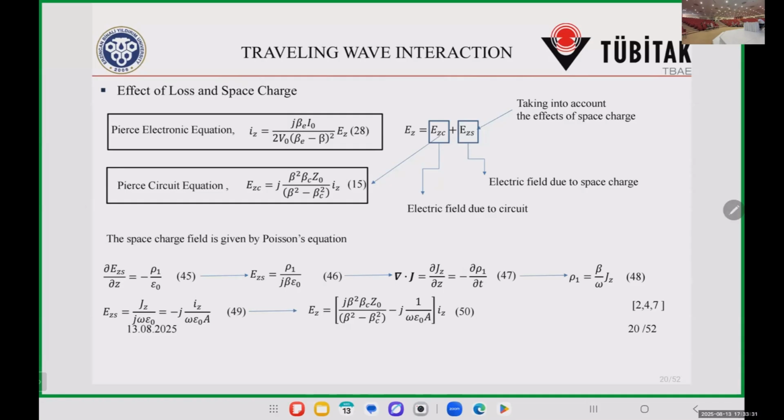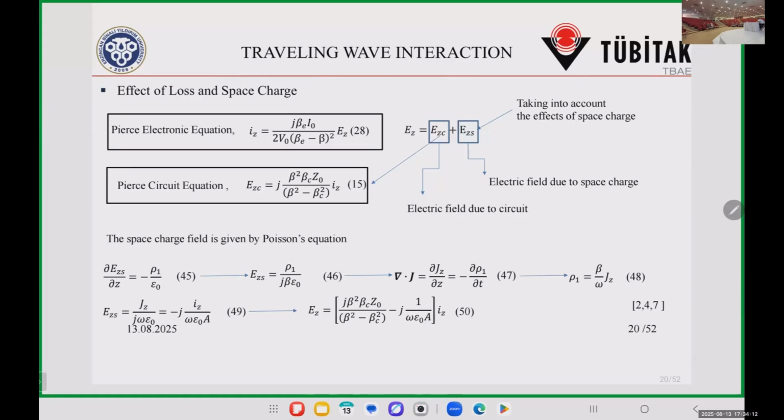We can define equation 45 here. We can write this equation 45 in phasor form, then we can obtain 46 here. And we can write equation 47 like this, and write this in phasor form. Then we can obtain 48 here. If we use 48 in 46, then we can obtain 49.